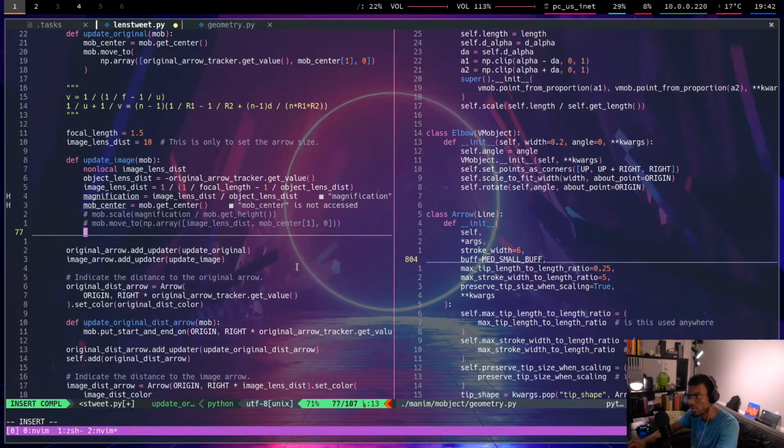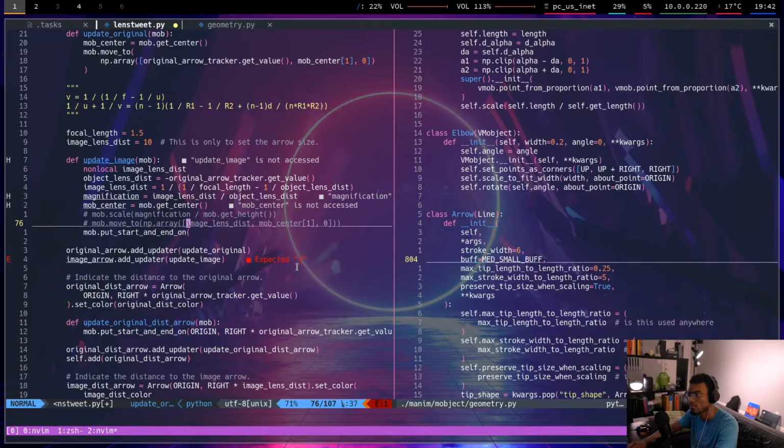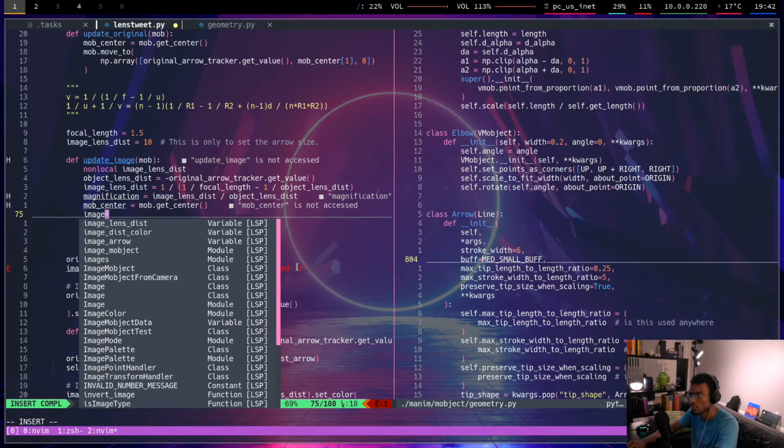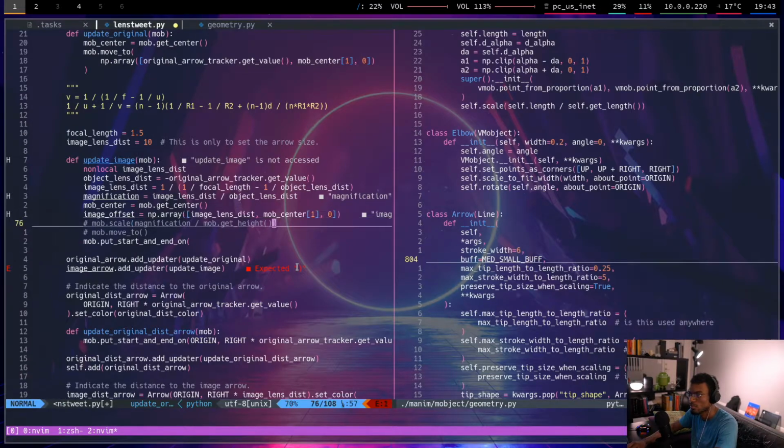I'm gonna do the put start and end on thing. Wait, where's the center? This. Image offset.